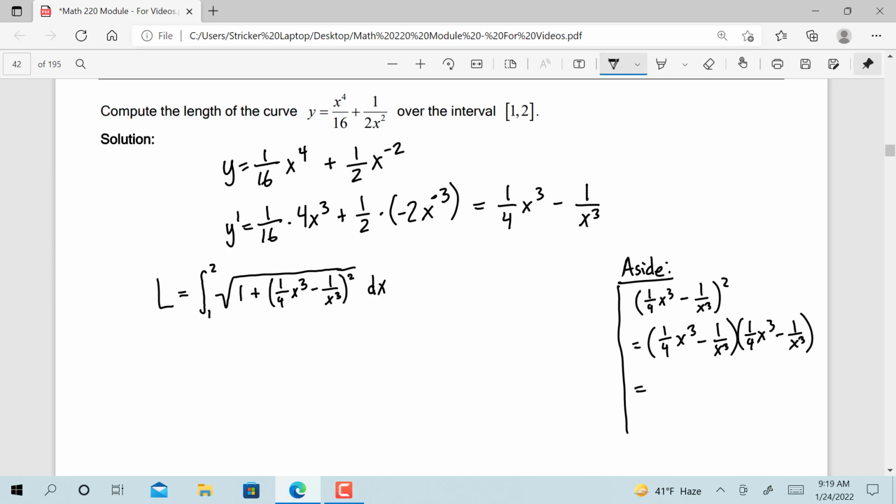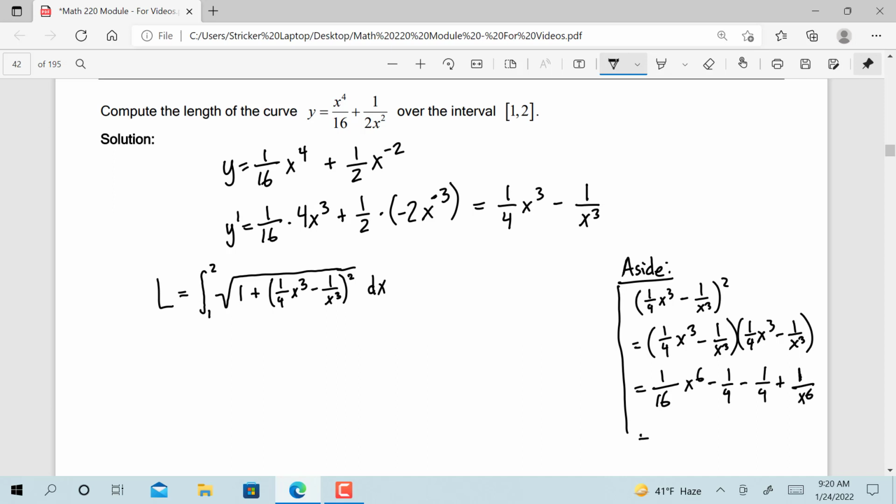And when we multiply it out, we're going to get 1/16 x to the 6th, and then minus 1/4, and then minus 1/4, and then plus 1 over x to the 6th.